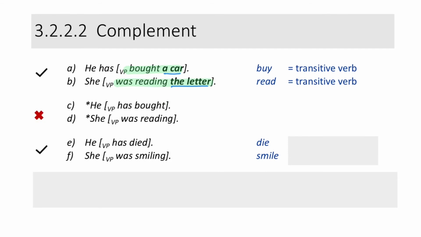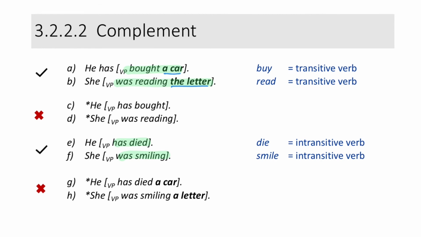Without these noun phrases, the sentences would become ungrammatical, as illustrated in C and D. On the other hand, in sentence E and sentence F, the verb phrase is has died and was smiling, respectively. The heads of the verb phrases, which are the intransitive verbs die and smile, don't need a complement.